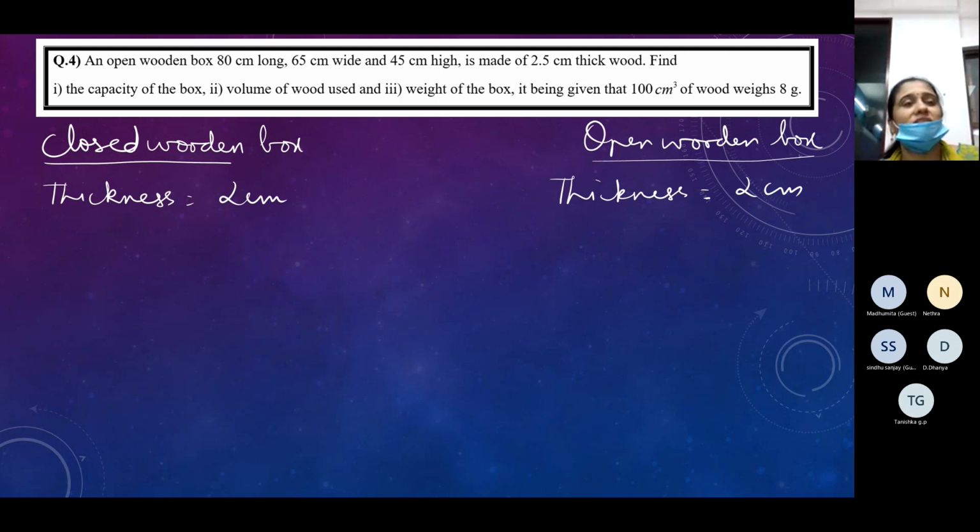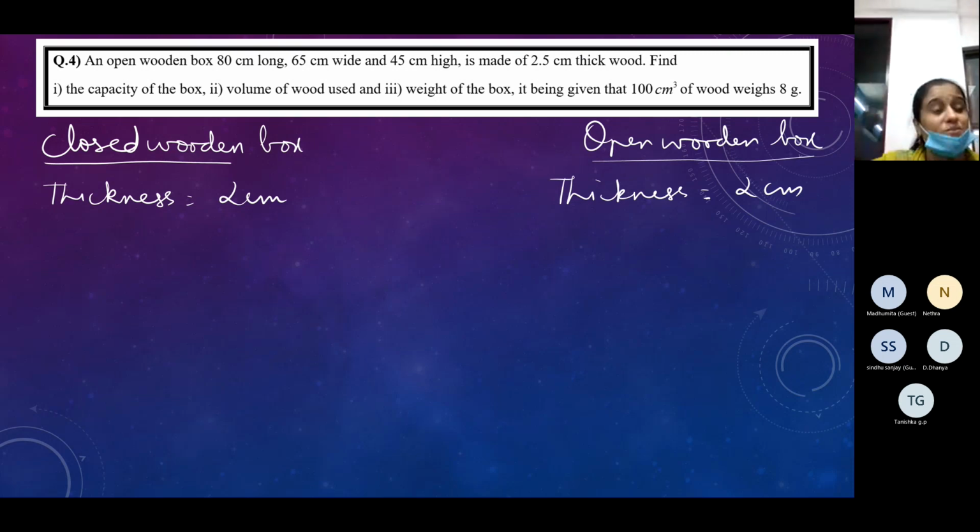Outside the tank, you measure the length, breadth, and height. So definitely external dimensions will be more, right? Because the wall is thick. External length will be more than the internal length. External breadth will be more than the internal breadth.